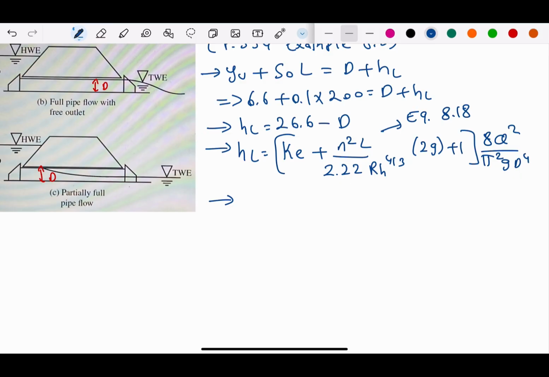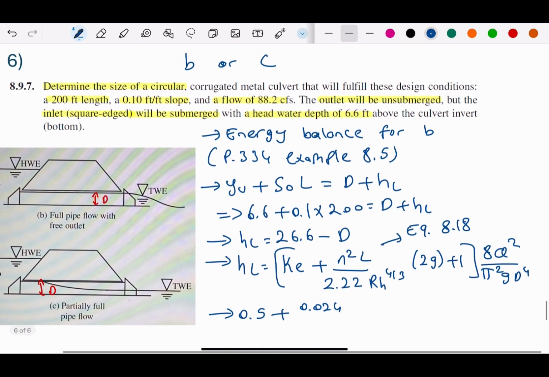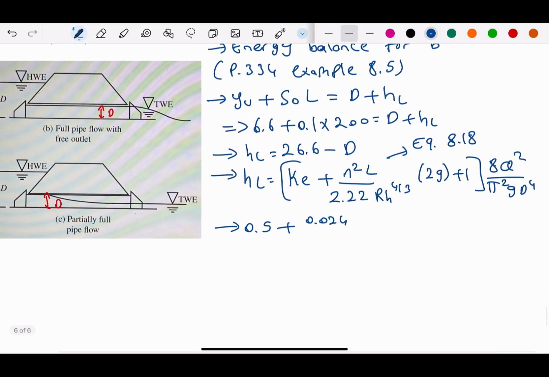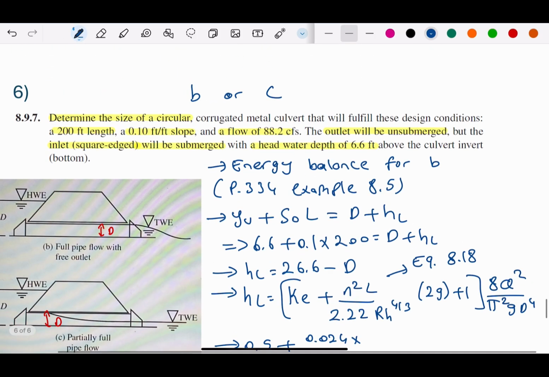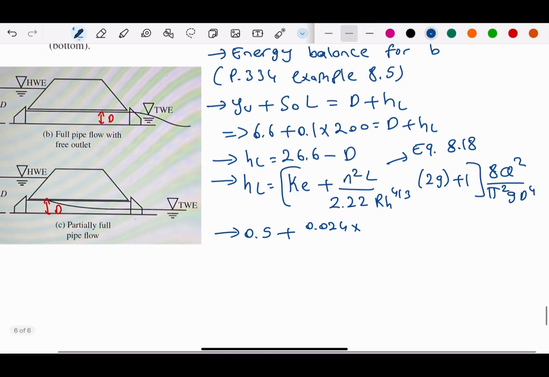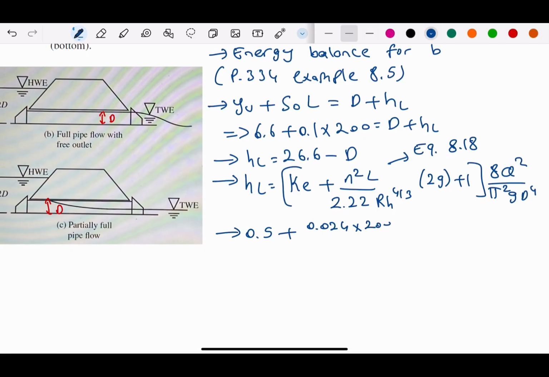If we write everything, we have 0.5 plus 0.024 for the Manning n value. And this is because we have a metal culvert. The length is 200. We have 2.22.